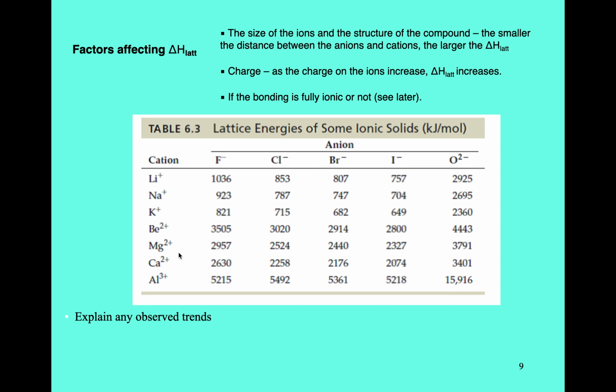Even though the magnesium ion is bigger, the charge is double and the lattice enthalpy increases. So we have to take into account both factors. And aluminium fluoride has got a massive lattice enthalpy. Aluminium ions are quite small and they've got a very big charge.